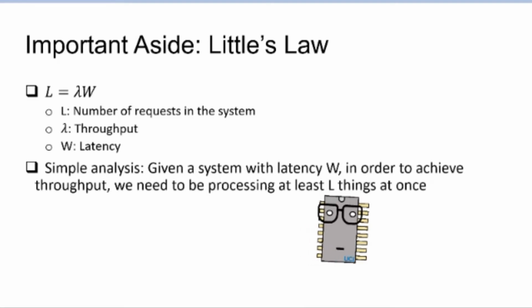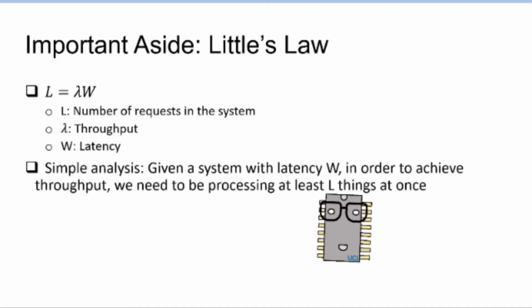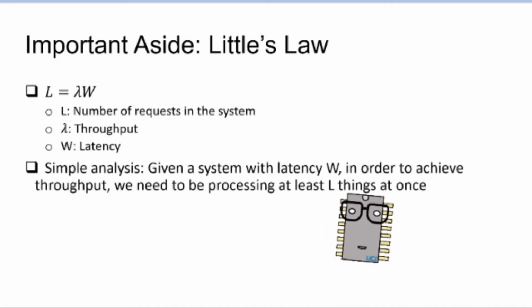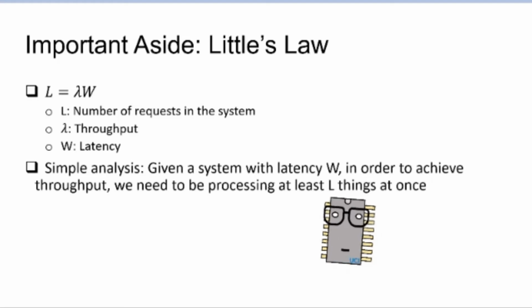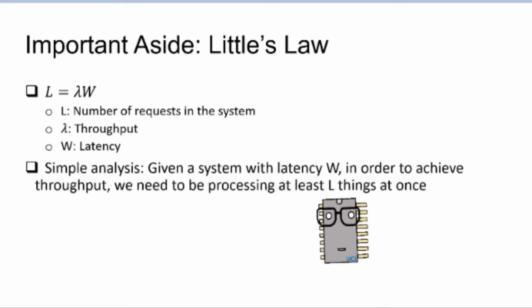A simple way to reason about this could be if we have a component in the system that can process a set of input every 16 cycles, then if we want to get peak performance, 1 result per cycle output, we need to either replicate this processing module 16 times in order to process the 16 sets of inputs at once. Or maybe if the 16 cycle latency is completely pipelined, so that inside the pipeline there will always be 16 sets of inputs being processed, then that's one way we can get peak throughput.